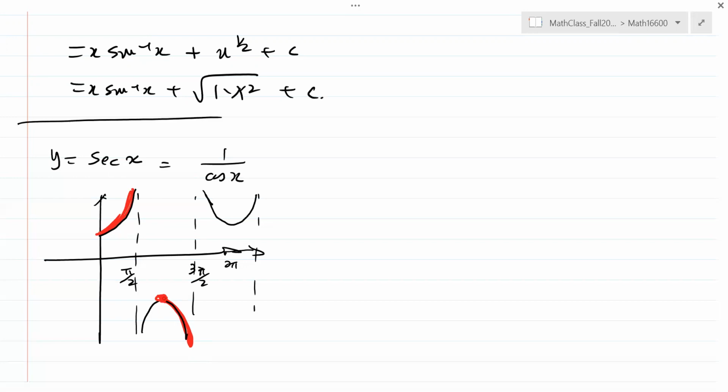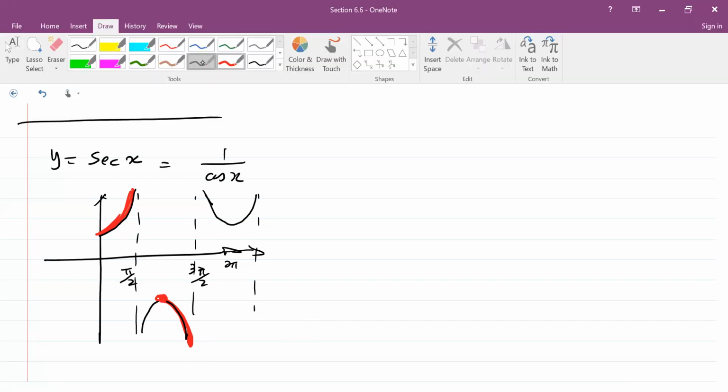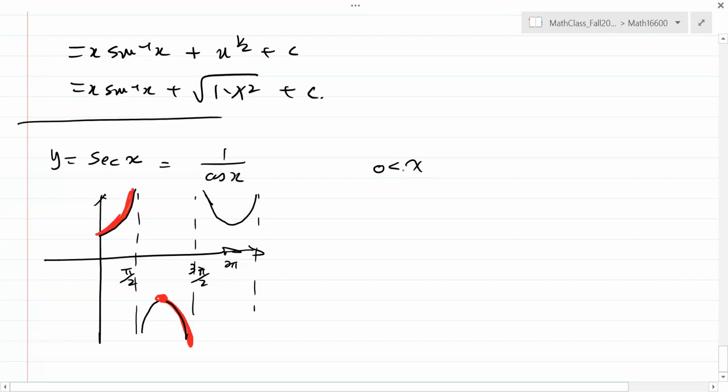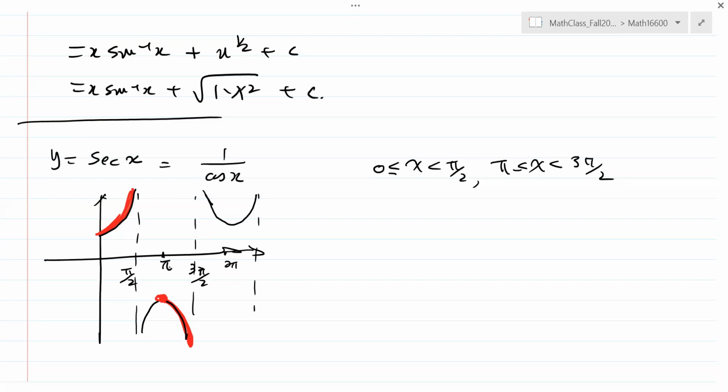So for the inverse, we only consider x between 0 and pi over 2, and x between pi and 3 pi over 2. Okay, this is the pi. So the domain of the secant function, which we use to define the inverse, is broken into two pieces.